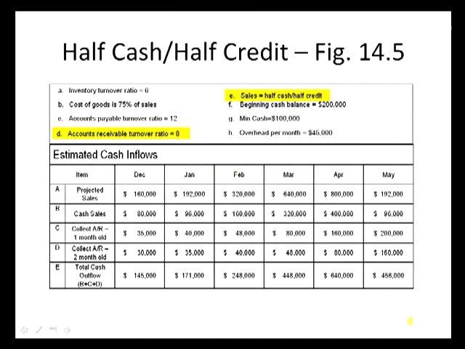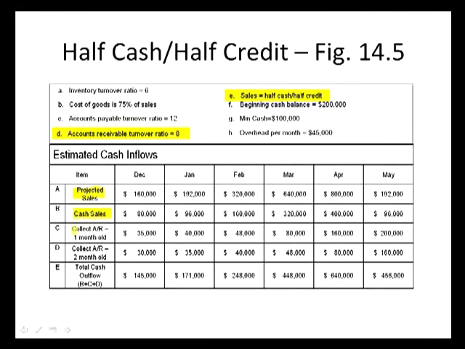We can do the same thing here in Figure 14.5 when we start looking at the cash inflows. First, we enter the projected sales from the marketing plan in line 1, just as we did in the previous table. In line 2, we write down the cash sales, which we know are half of the total sales for that month.